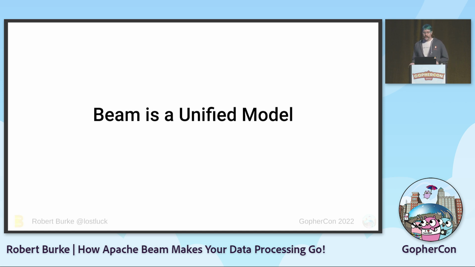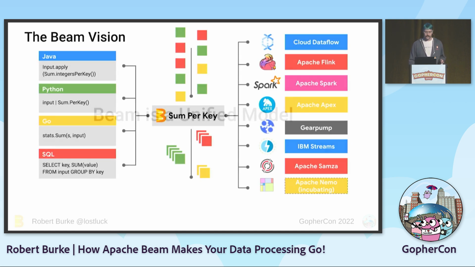Beam is also a unified model. Beam resolves a tension between batch processing and stream processing, especially when stream processing is trading off between correctness and low latency results. It's a way of thinking about how to process your data so you can reuse the same transforms in both modes. And the Beam vision is that it wants to support end users who are just interested in writing data pipelines.